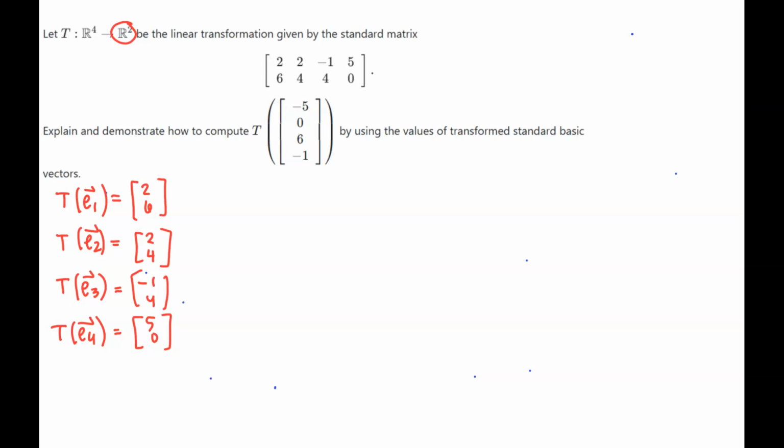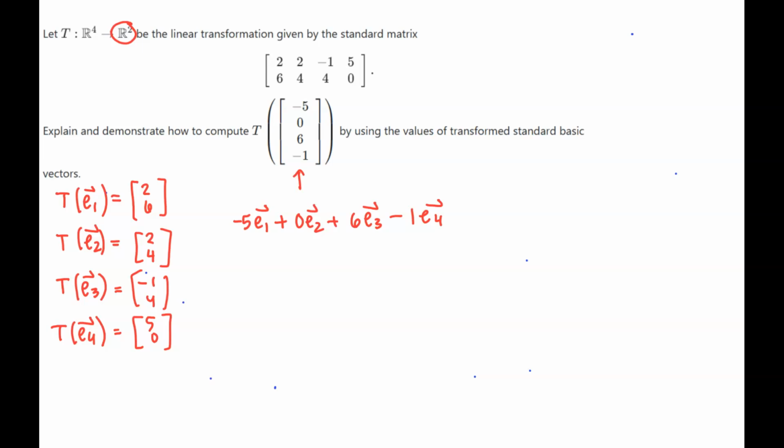And now we can rewrite the original pre-image here as -5 times E1 plus 0 E2s plus 6 E3 minus 1 E4. All right, so we're going to rewrite that vector that we actually want to find the image of in terms of this standard basis, right?